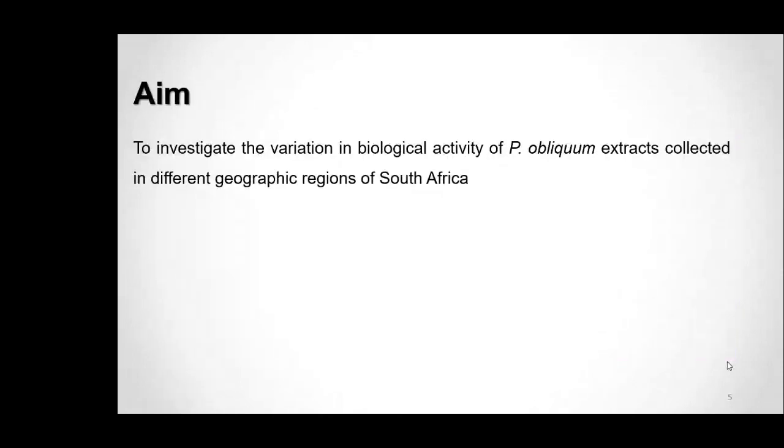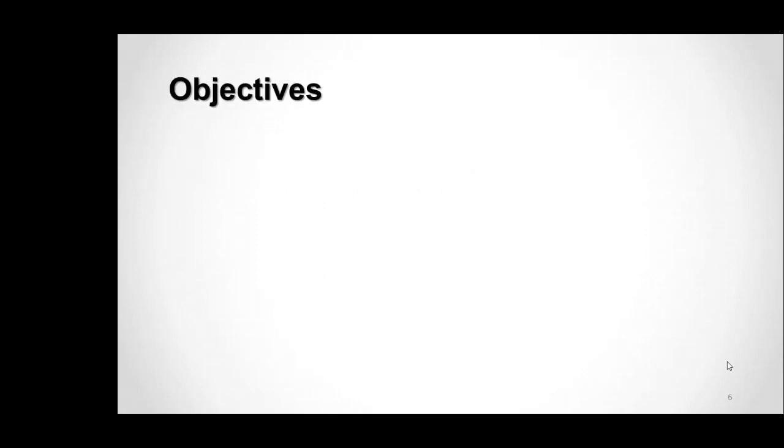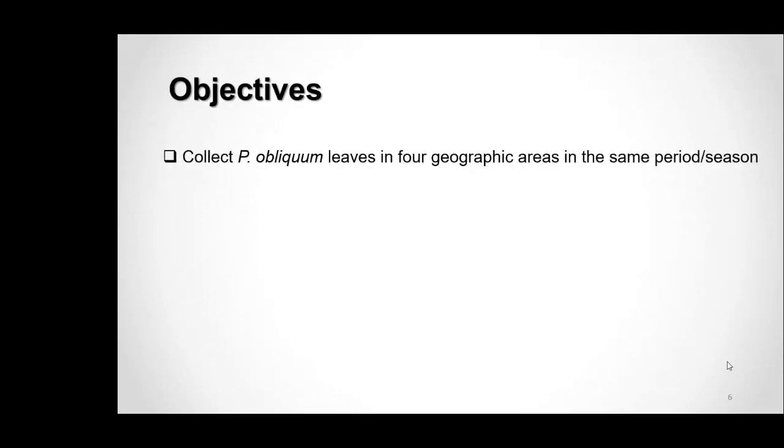Our aim is to investigate the variation in biological activity of Pterocarpus obliquum extract collected in different regions of South Africa. In order to achieve our aims, the following objectives were set. The first one was to collect the leaves in 4 geographic areas in the same period or season.